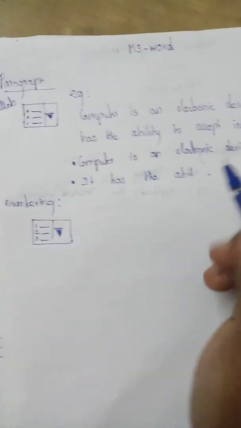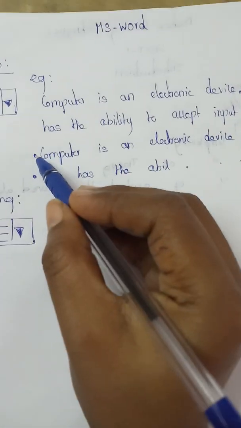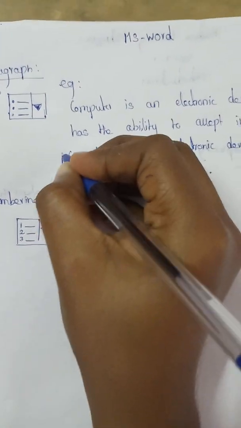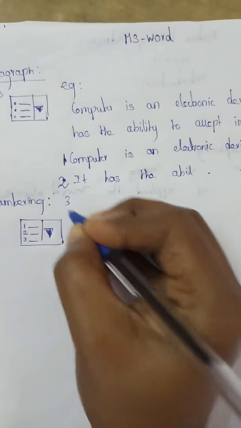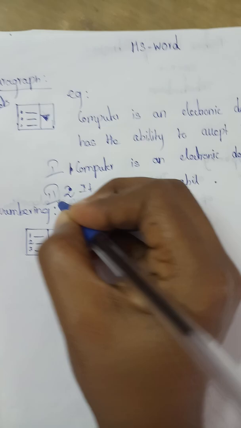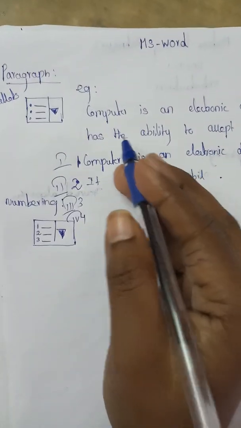The only difference between bullets and numbering is that bullets have a symbol like a full stop or dot, but in numbering you get 1, 2, 3, 4 like this, or else first Roman letter, second Roman letter, third Roman letter, or fourth. These are examples of numbering.